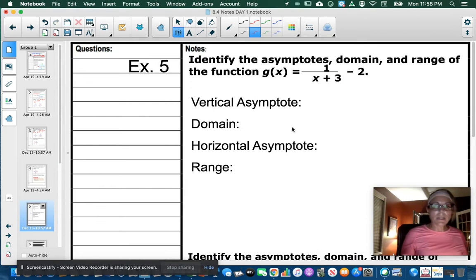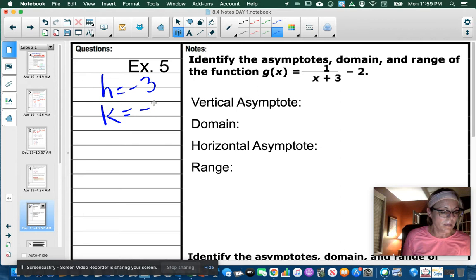All right, example 5. Identify the asymptotes, domain, and range of the function. When I look at this, I can see that h is going to be -3 and k is going to be -2.